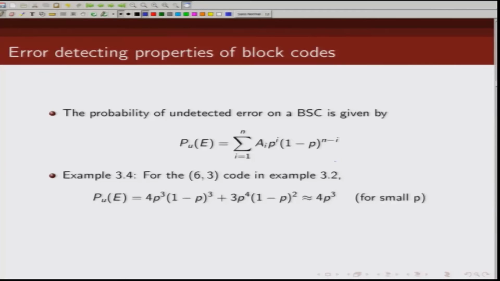So, if I send an all 0 code word at the transmitter and at the receiver you receive any other non-zero code word, then that will be the case of undetected error.